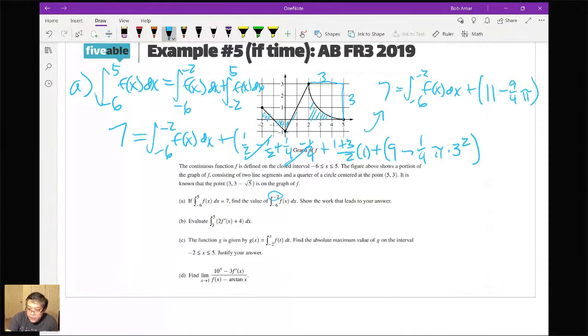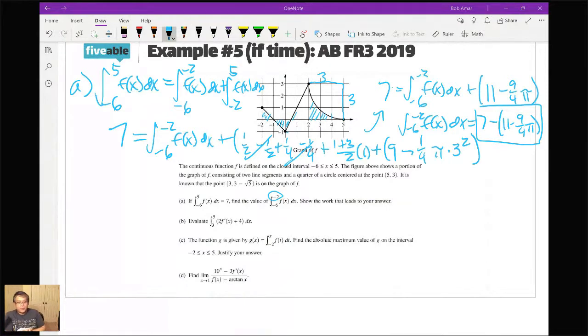And so the integral from -6 to -2 of f of x dx must be equal to 7 minus all this stuff. And you could simplify it if you wanted to, but please don't, unless you feel comfortable doing it. There's no need for you to do this. This is a full point answer right here. Stop.